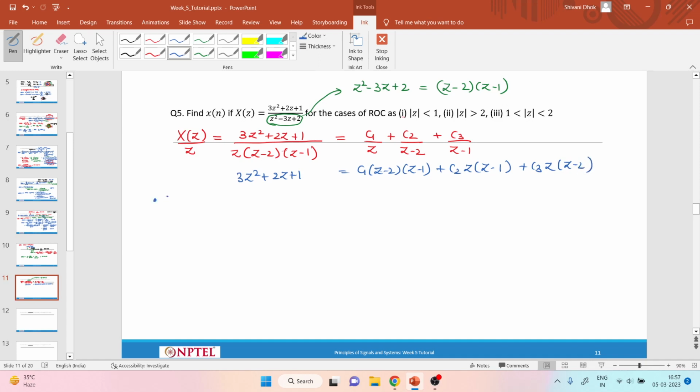So let us substitute z equal to 0. Then the RHS reduces to 1, which is equal to c1 into (0 minus 2), that is minus 2, into (0 minus 1), that is minus 1. So this is equal to 2c1, which implies that c1 is simply 1 by 2.